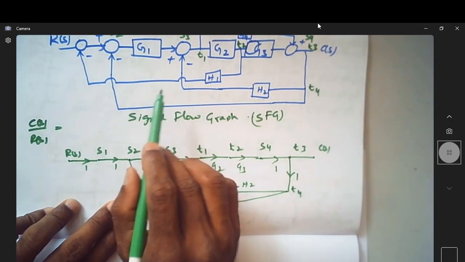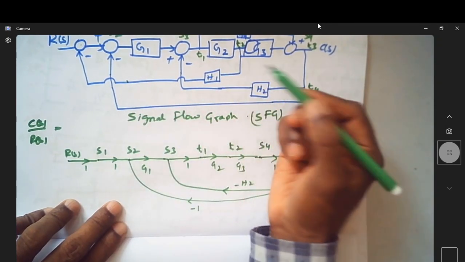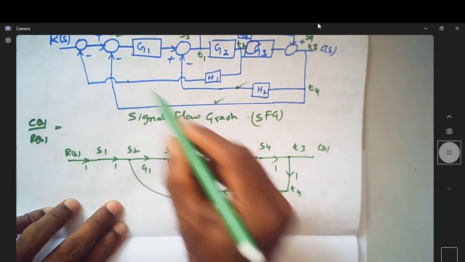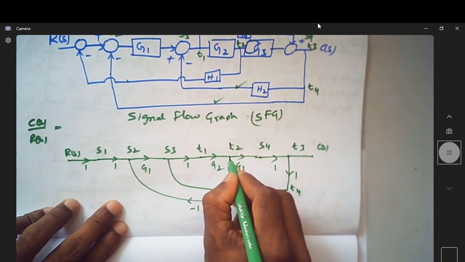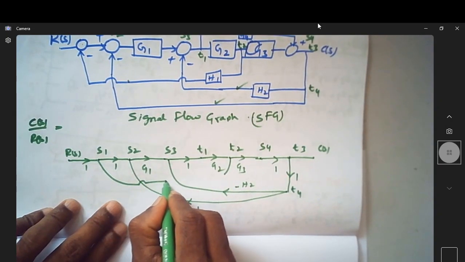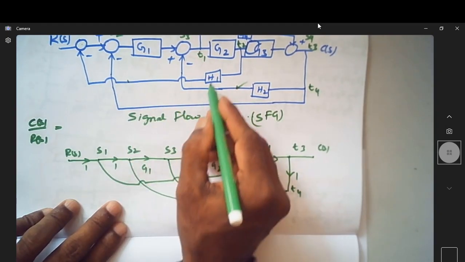And then we are done with this. So from T2 it will go to S1 with a magnitude of minus H1.